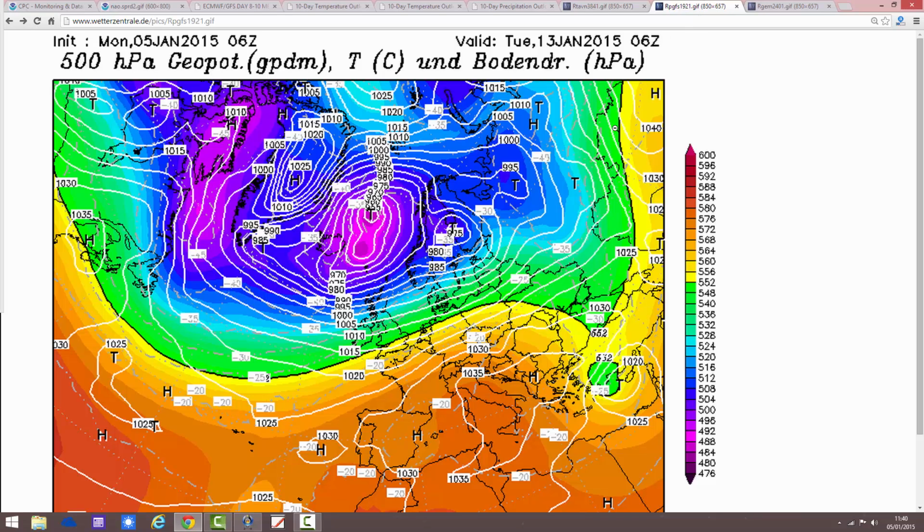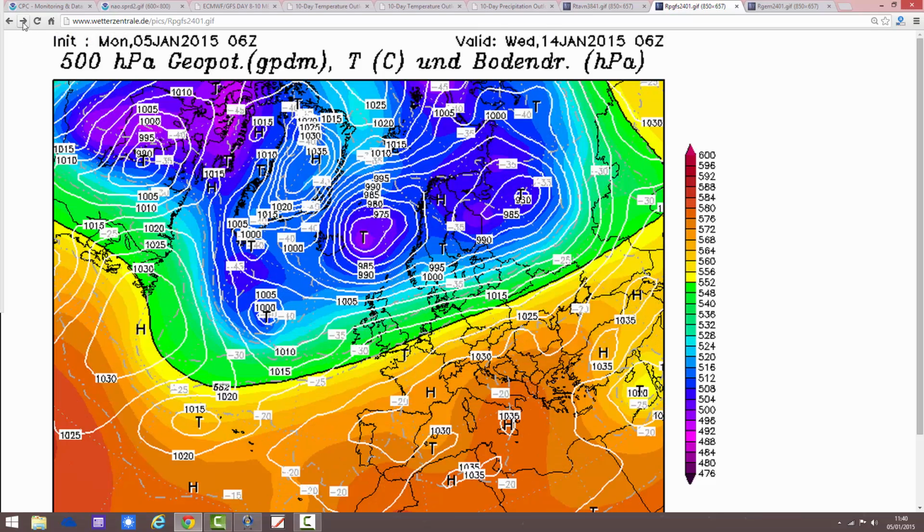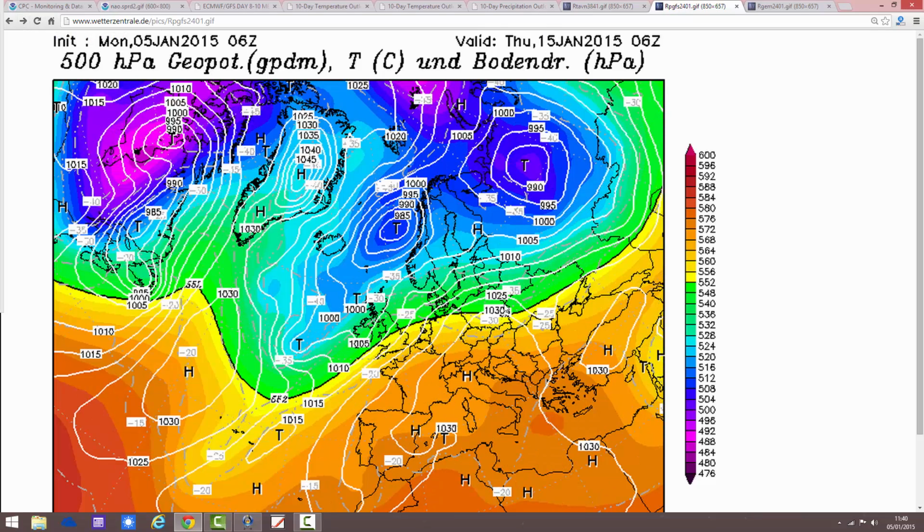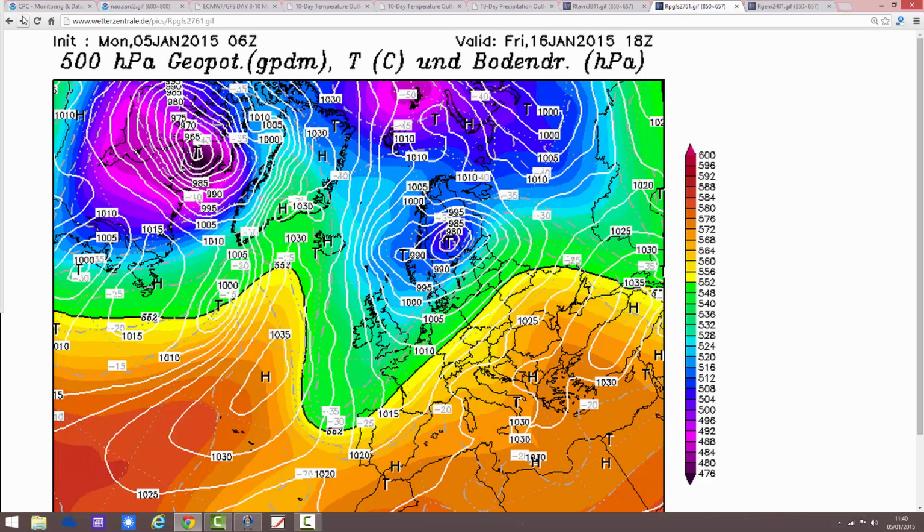The parallel run of the GFS, again, we have that flat westerly flow coming through to start next week. This is Tuesday the 13th. We go through towards day 10, Thursday the 15th, and that low pressure is still around the north and west of the country, though getting a bit of a ridge building through the Atlantic going up towards Greenland. We get through into Friday the 16th and we're opening the door to a cold northerly plunge then.